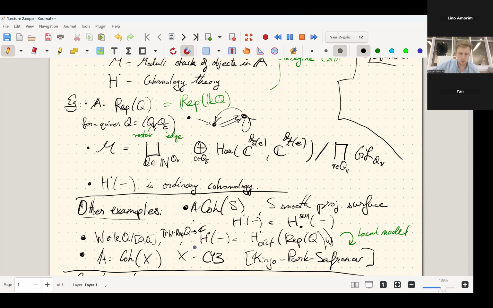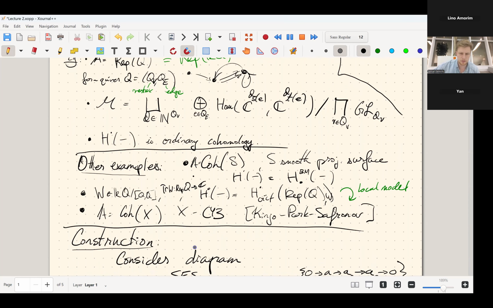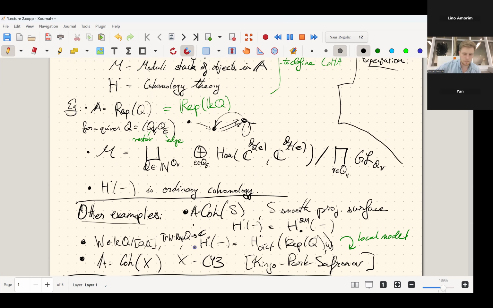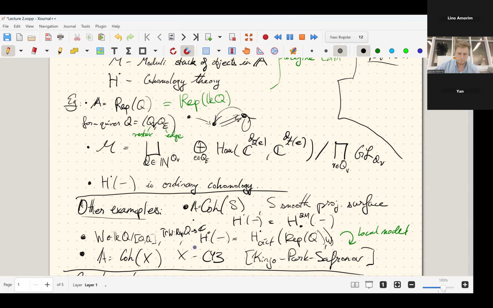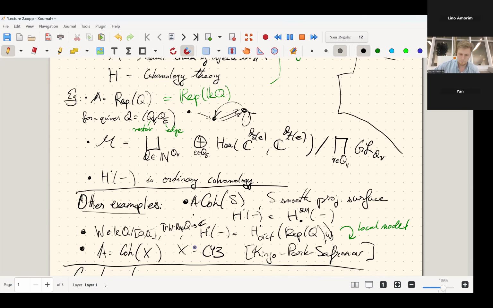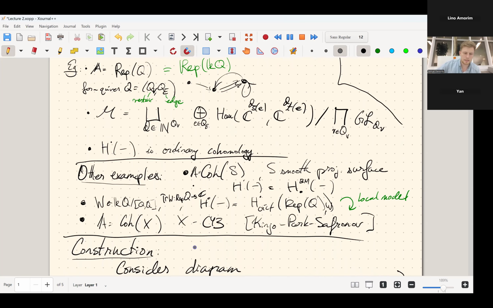They define some list of conditions, and they prove certain examples. But is X compact Calabi-Yau or non-compact? As stated, this is compact, but they also prove it for local surfaces and curves.